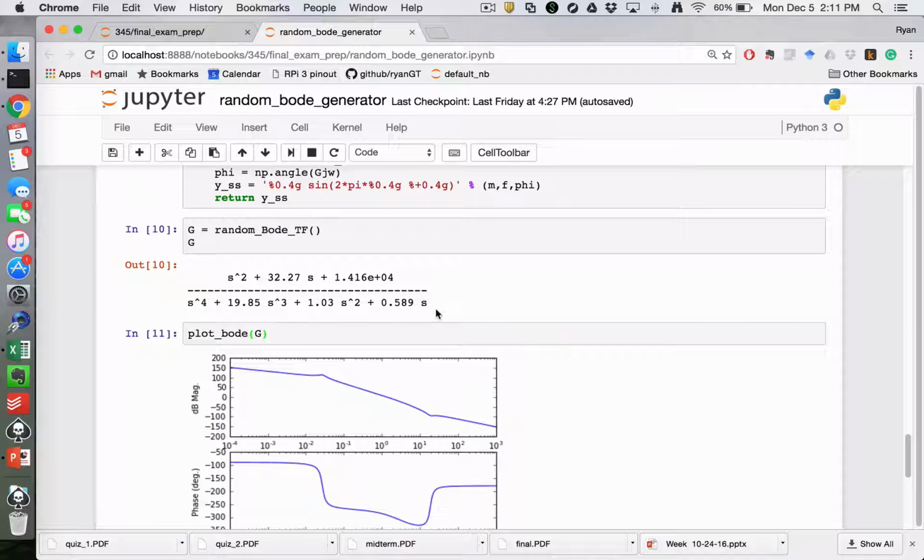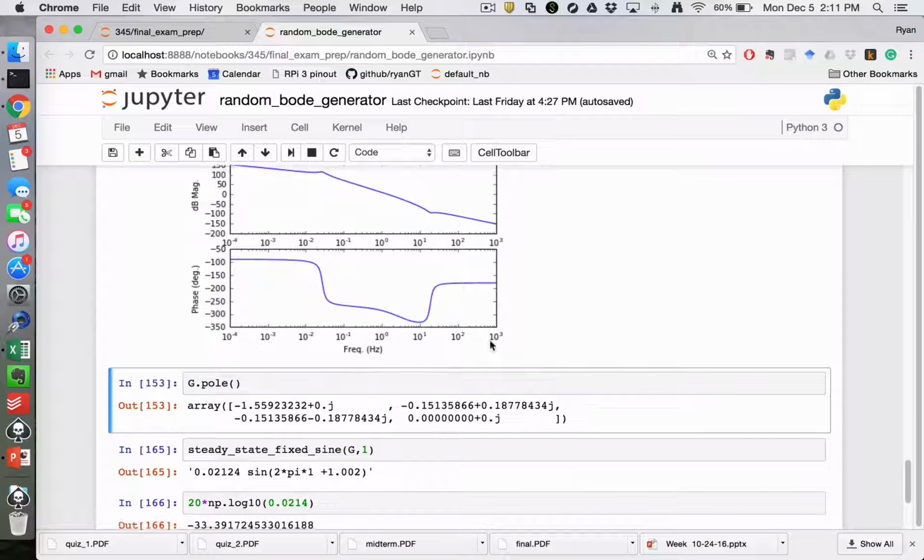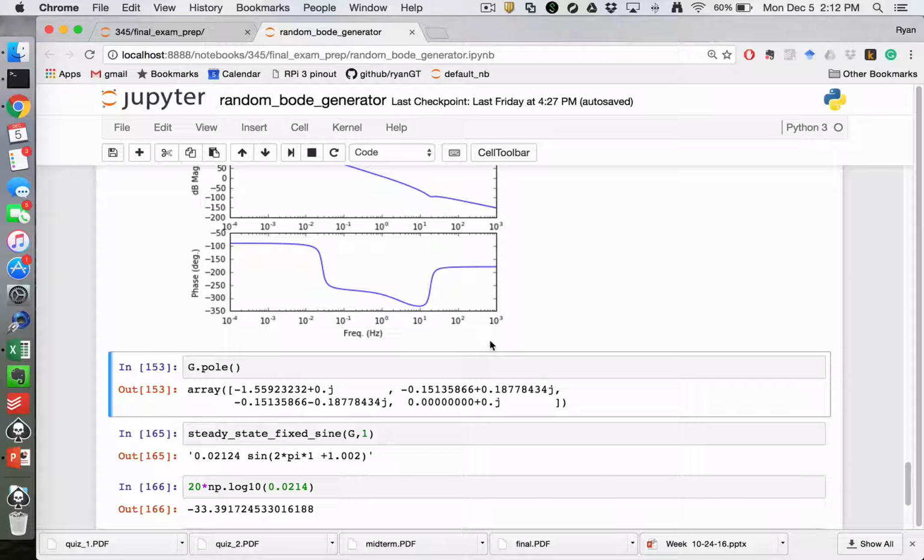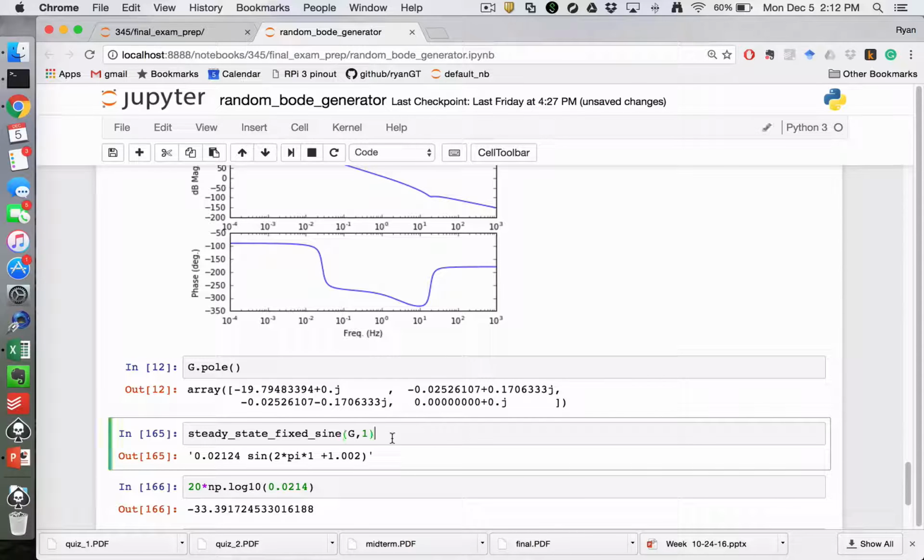You could figure that out by evaluating the magnitude and the phase of the transfer function, multiplying by the magnitude of your input, knowing your input frequency, and you can get an expression for Y steady state.